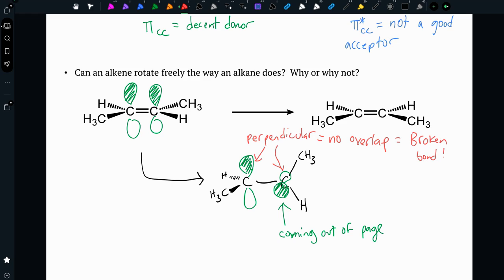Bonds don't want to break. So you would need to put in a lot of energy to make this happen. And therefore, this just doesn't happen without a whole lot of energy. So the bottom line is no, they cannot.